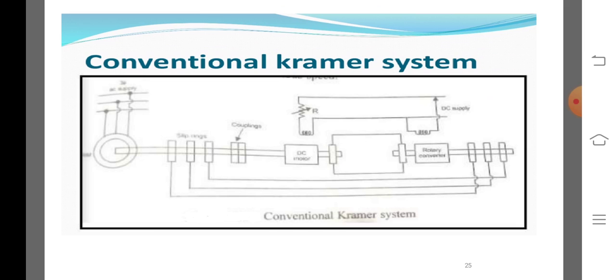A separate DC supply is required to excite the field winding of the DC motor and the excitation windings of the rotary converter. The variable resistance introduced in the field circuit of the DC motor acts as a field regulator.